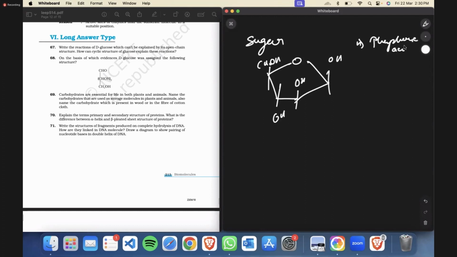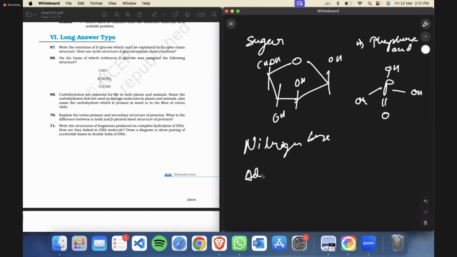Number three, nitrogen bases. DNA contains four bases: adenine, guanine, cytosine, and thymine.